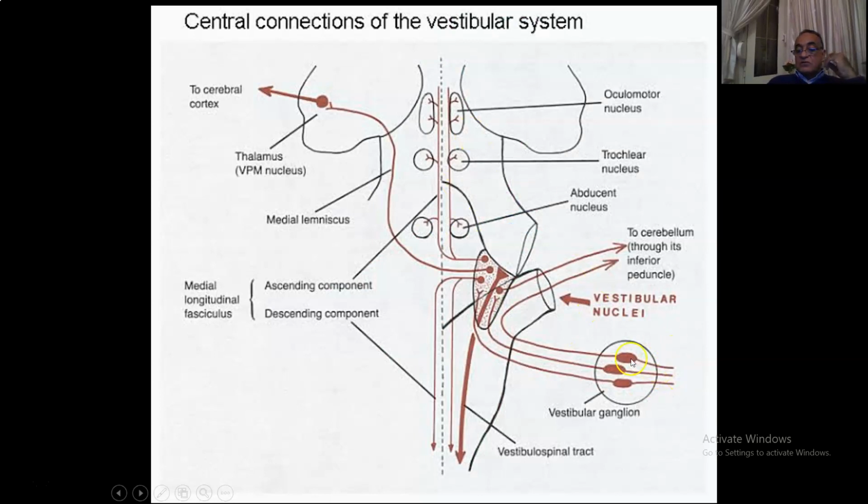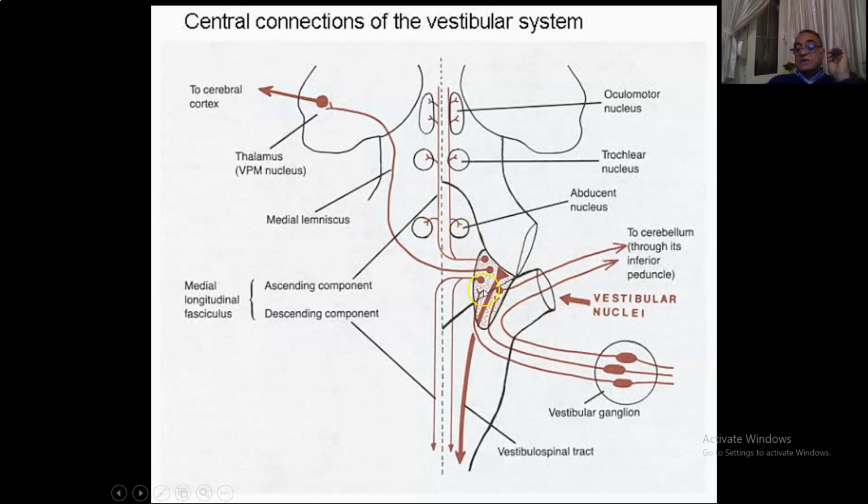Here another view: vestibular ganglia, central axons forming the vestibular nerve, reaching the vestibular nuclei, the superior, the inferior, the lateral, and the medial, and these nuclei send efferents to the spinal cord, to the medial longitudinal fasciculus, to the cerebellum, and to the reticular formation.